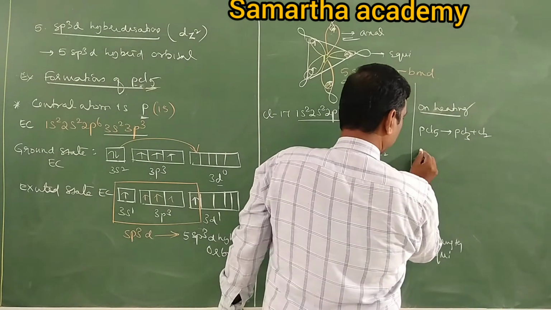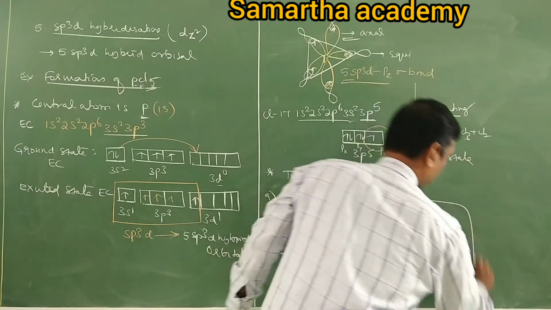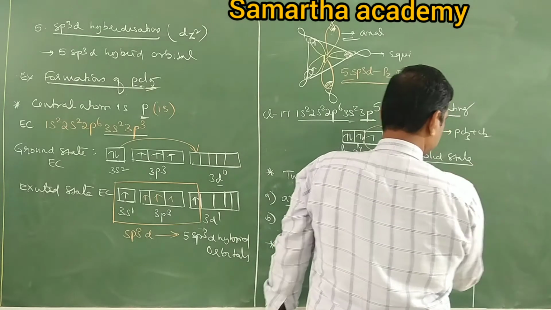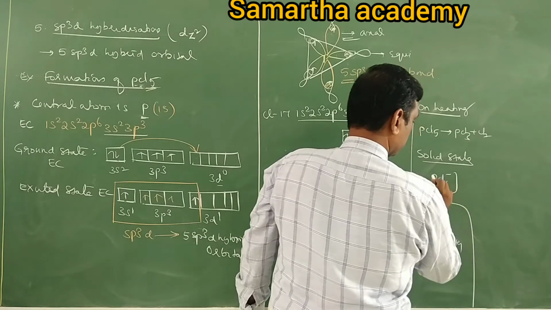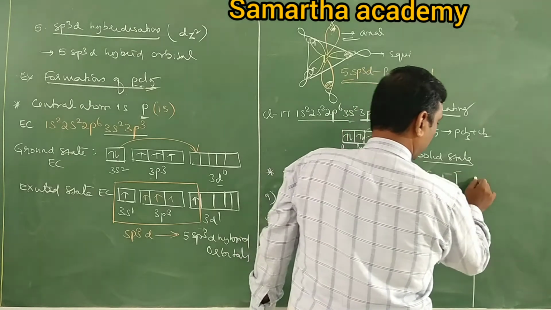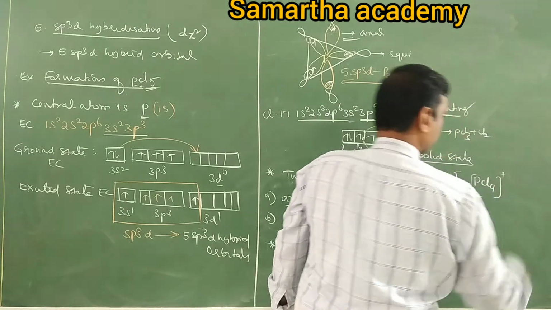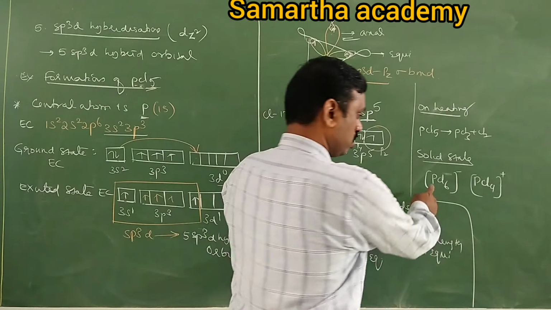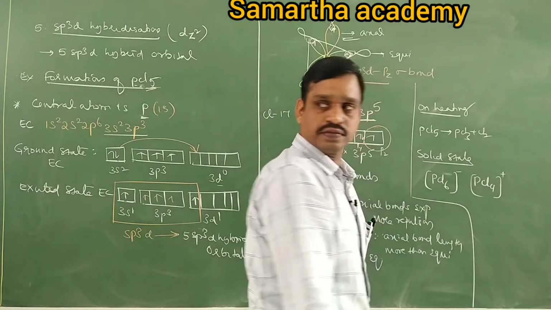Next, in solid state, this previous question appeared in NEET. In solid state, PCl5 exists as PCl6 minus and PCl4 plus. In solid state, it is nothing but a dimer. There are 2 phosphorus, 6 plus 4, 10 chlorine.